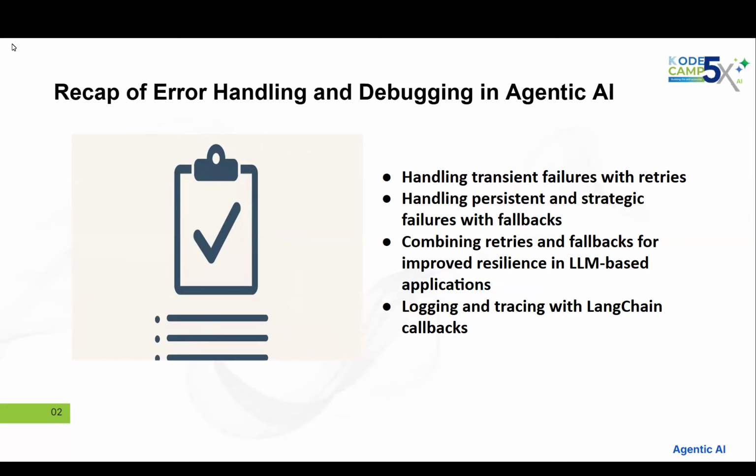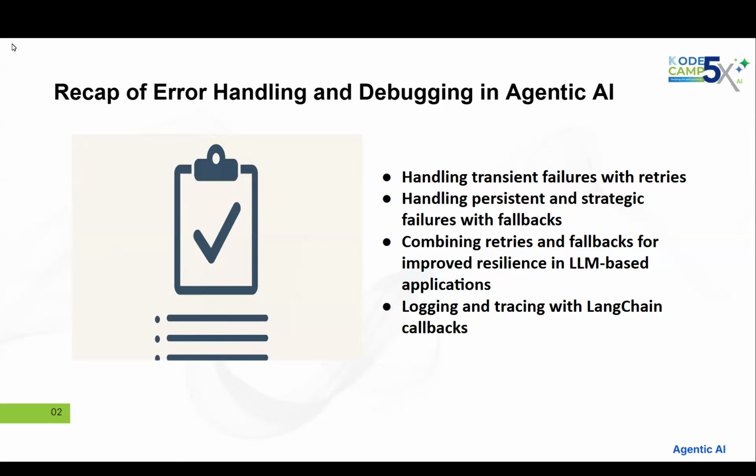Okay, thank you. So we also did LangChain callbacks, a lens into LLM and agent behavior. There's a lot more that we did, which I'm yet to go through. Something like key callback event hooks: on chain start and end, the on LLM start and end.